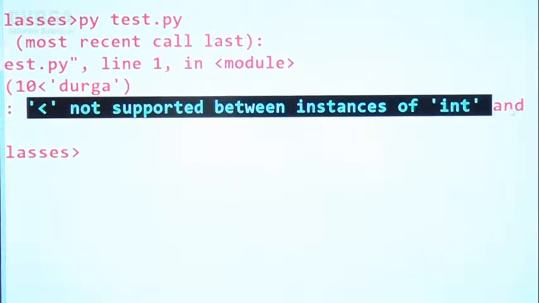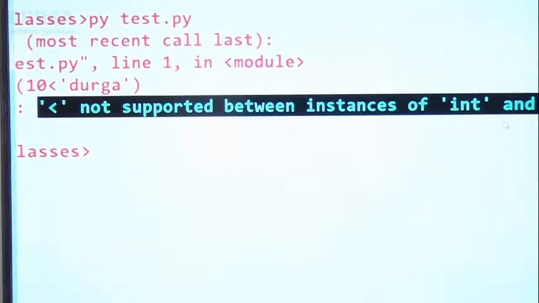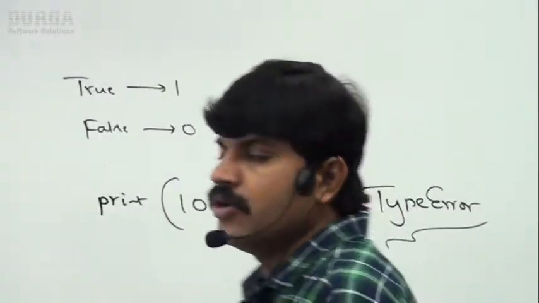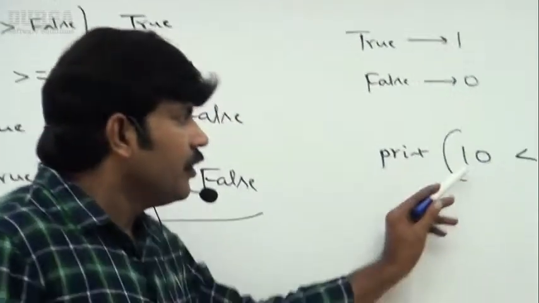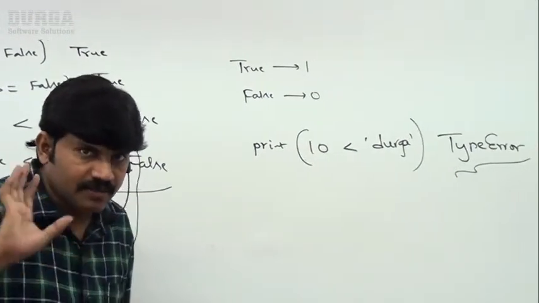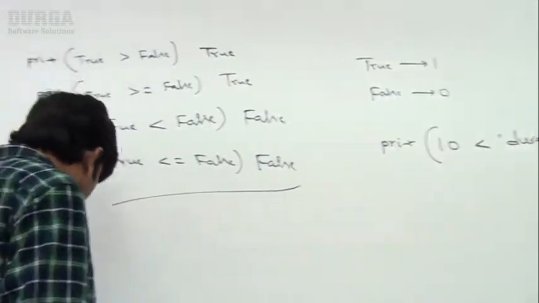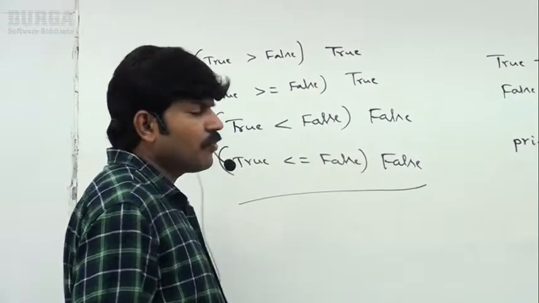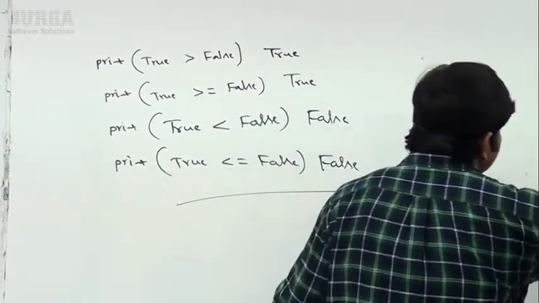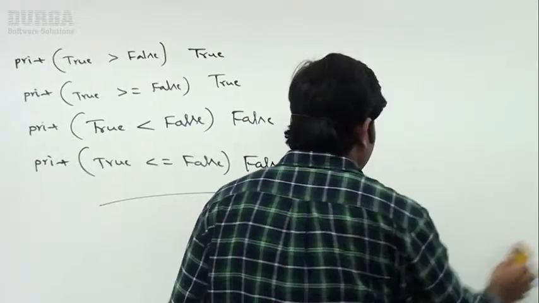Everyone is able to understand, right? If the compatibility is not there, immediately we will get an error. Now let me go for a small example to get some more clarity here, sir.